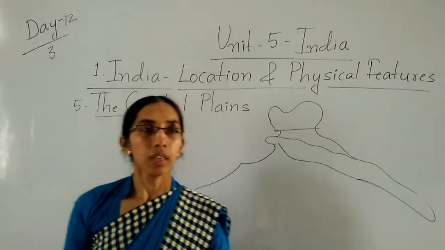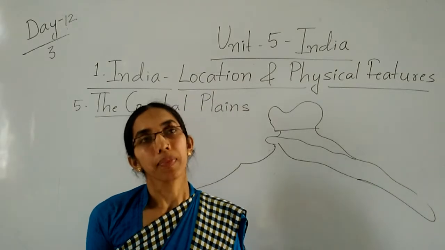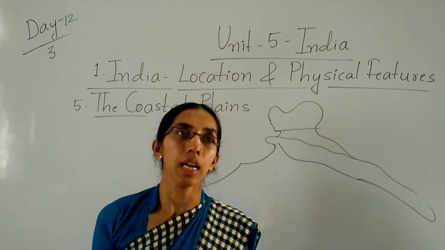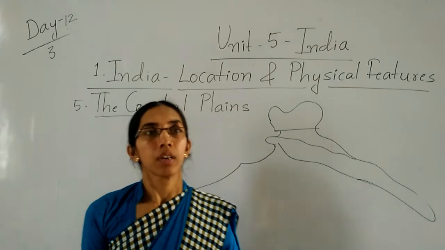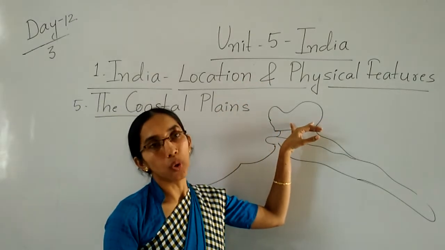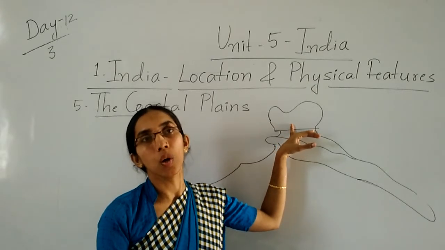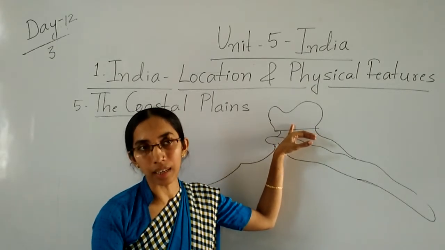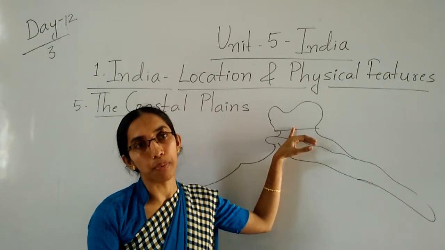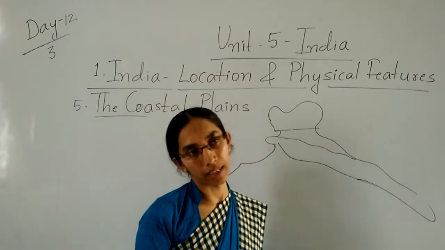Children, in the Indo-Gangetic Plains we can see the land is very fertile, the soil is very fertile, because the rivers flow from the Himalayas, Brahmaputra, Ganga, Godavari. They carry all the minerals and deposit them on this land.